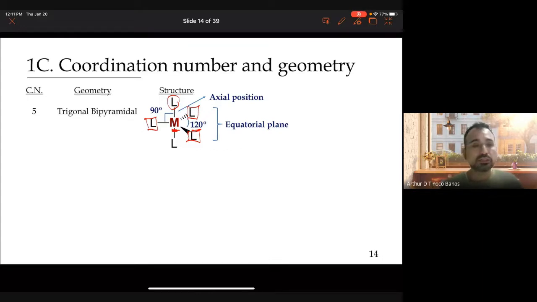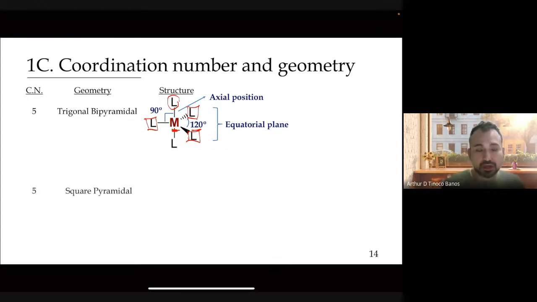All right, well, what is the other option for coordination number 5? Well, that would be square pyramidal. All right, so let's look at what square pyramidal is. Well, here, square pyramidal looks like this, where we have 4 ligands in identical positions with respect to the metal center, and one ligand that is in a distinct position.